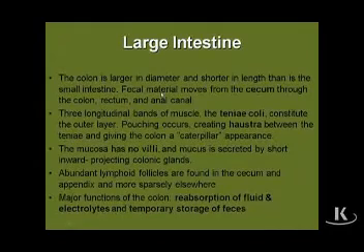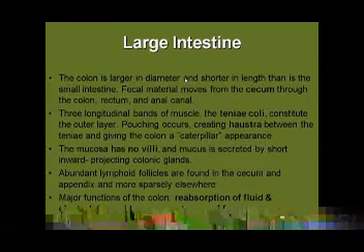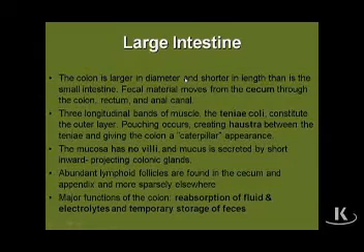Now, what changes when we get to the large intestine? Well, anatomically, the colon or large intestine is much larger in diameter and certainly shorter in length than the small intestine. And basically, it's where we're going to remove water and concentrate waste material in the form of fecal material before it moves from the beginning of the large intestine at the cecum through its entire length to the anal canal. The large intestine doesn't have a continuous array of longitudinal smooth muscle.